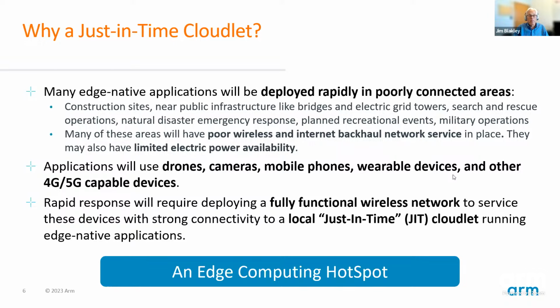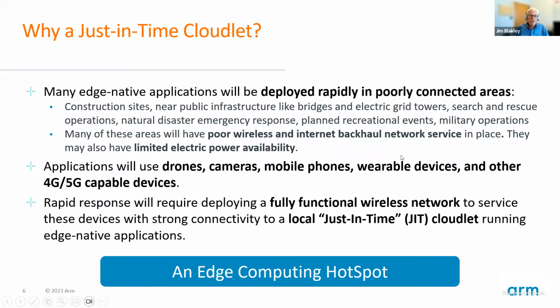And there may not have been any edge computing deployed at that location to give those low latency and other benefits to the application itself. These applications can use all sorts of devices: mobile phones, drones, cameras, wearable devices, and anything else that can hook up to a network. And we think of that just-in-time cloudlet as something like an edge computing hotspot. You may have no connectivity whatsoever in a particular location. Can you drop in the computing close by and get up and running within a few minutes?